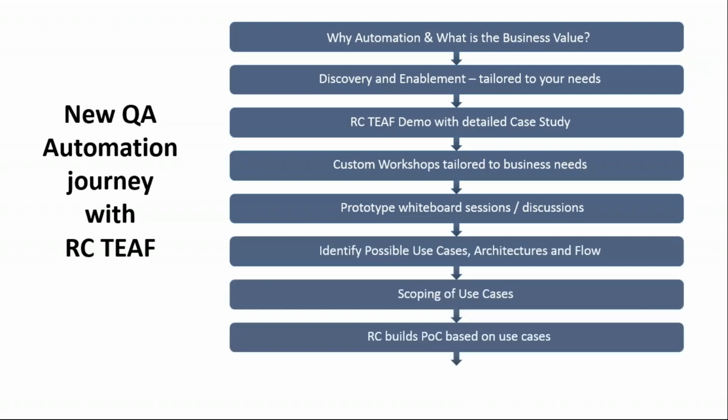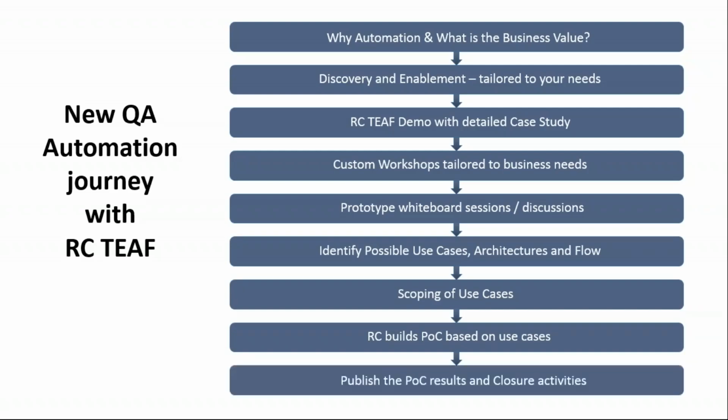So basically, we identify the problem areas in their test application and their actual application, identify the use cases the application caters to, and build a POC for these use cases. And we can deliver the result of these POCs and continue with the rest of the activity, that is implementation, and taking it forward on a business as usual basis.